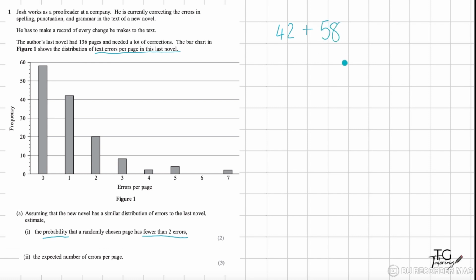And that is the amount that had fewer than 2 errors per page, and my probability will be out of the total number of pages. In this case it is 136. So that is 100 over 136. In decimal format, that is 0.735. So either one would be correct.